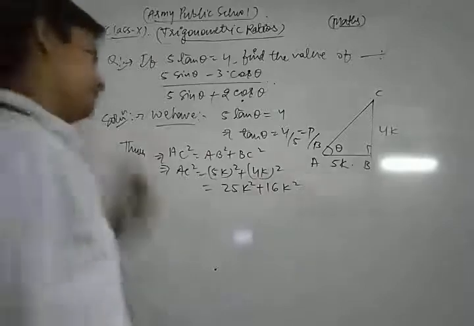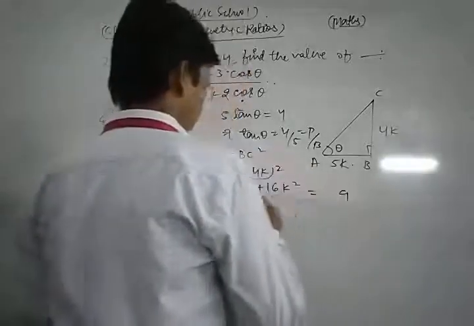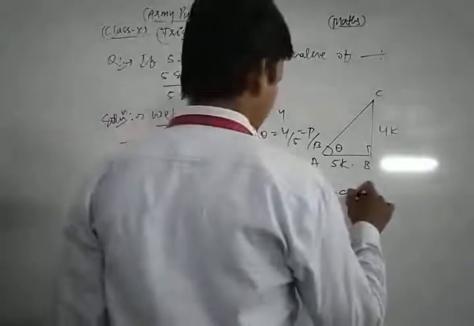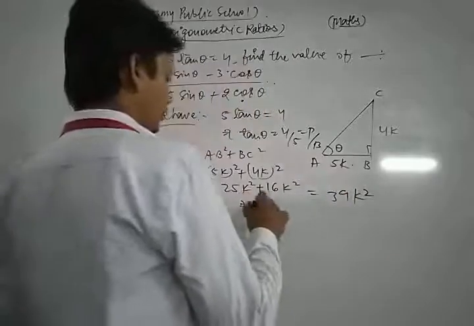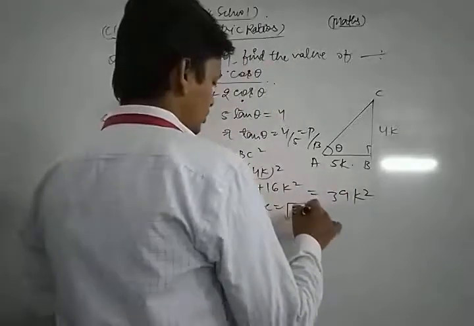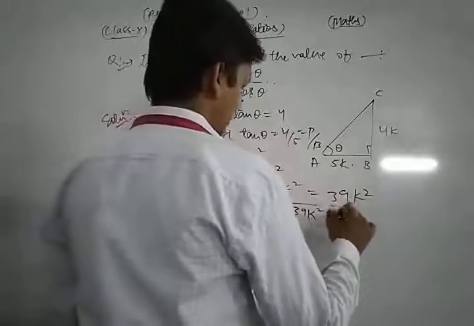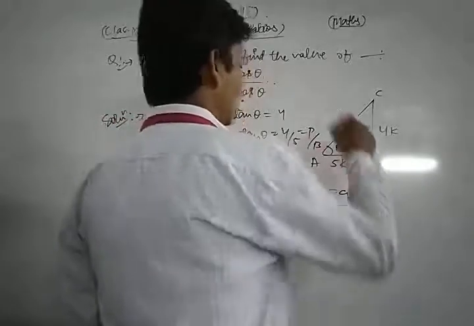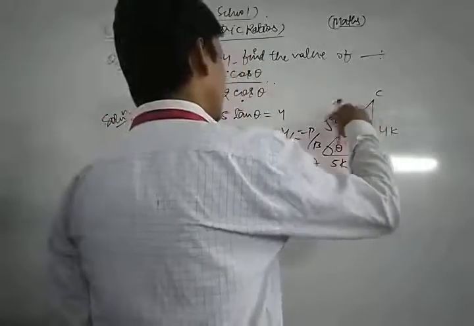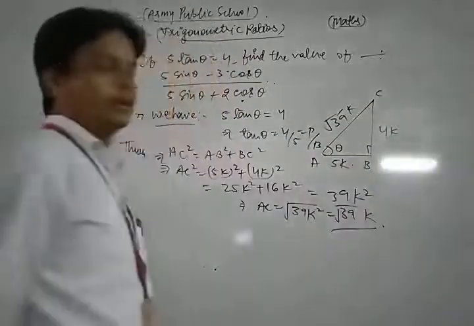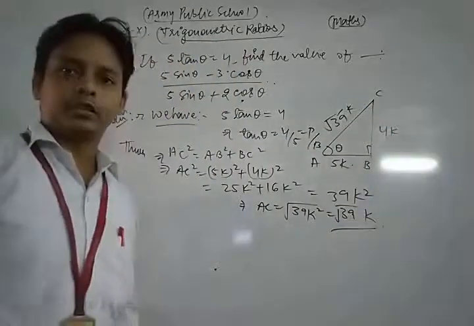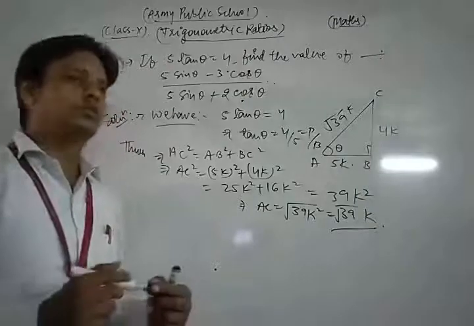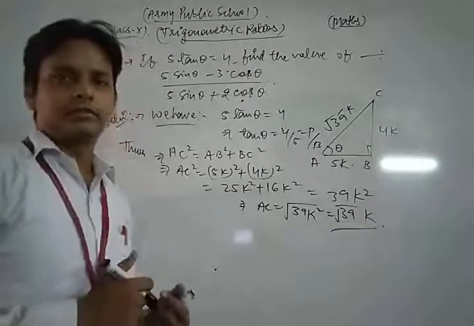So we get 41k square. Thus the value of AC is equal to under root 41 into k. So this is the value of the hypotenuse AC.